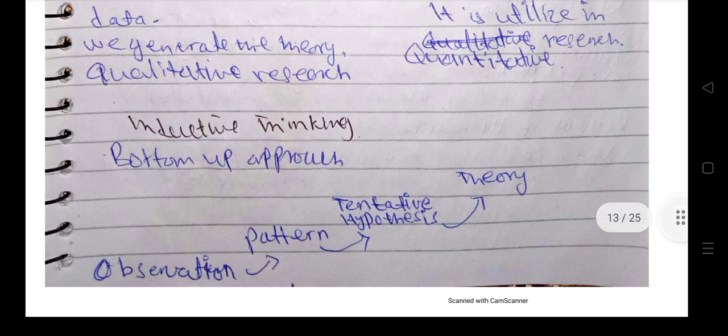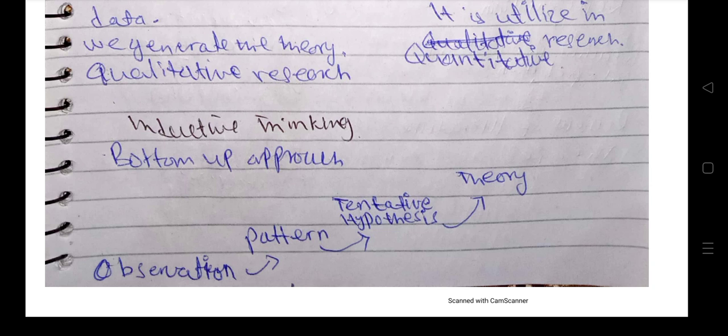We will further discuss in detail inductive thinking and deductive thinking. Inductive thinking is also known as the bottom-up approach, because at the bottom we have observation, and at the very top we generate the theory. We begin at the bottom with observation, then pattern, then tentative hypothesis, and then we generate the theory, right?